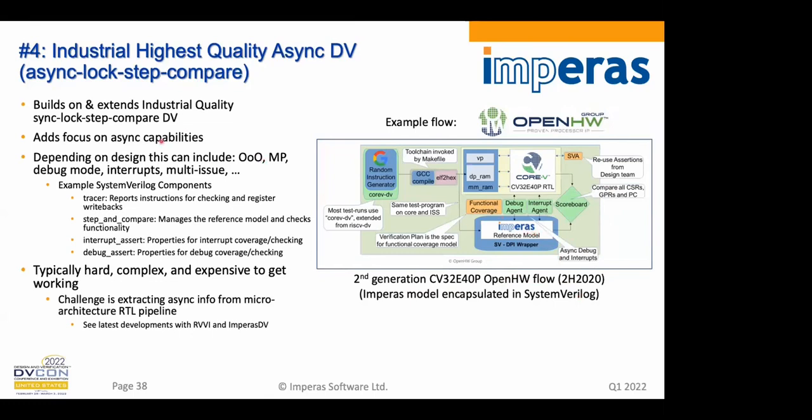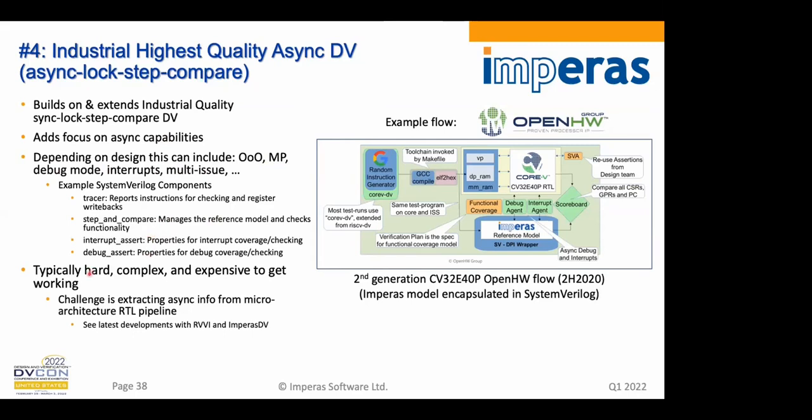And so it's similar to the previous one, which was synchronous, but it adds the asynchronous. And you can add out of order in there, or multi-process, multi-hart in there, debug agents in there, interrupts, multi-issue can all be done with an asynchronous approach. But you do have to build some more components there to do with the tracing capability and the assertions and everything like that.